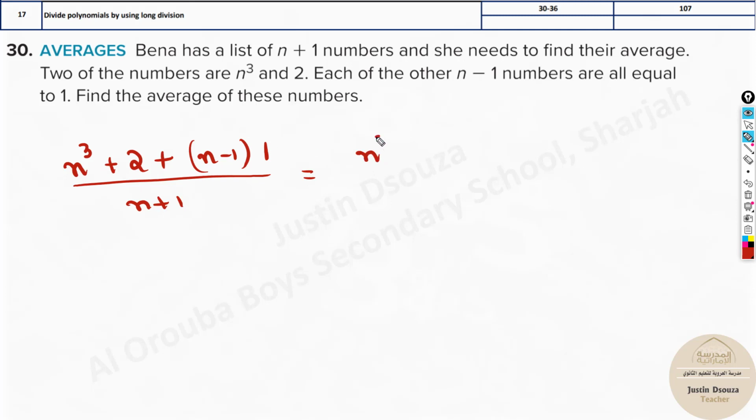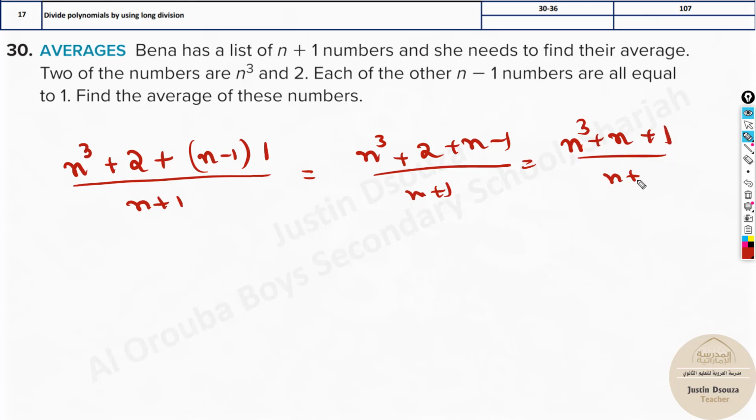n cube as it is, plus 2, plus n minus 1, divided by n plus 1. The denominator remains. Now when you simplify this further, you will get n cube, I'll write plus n, and lastly plus 1, divided by n plus 1. Now we can simplify this.